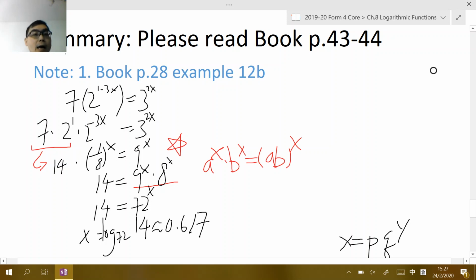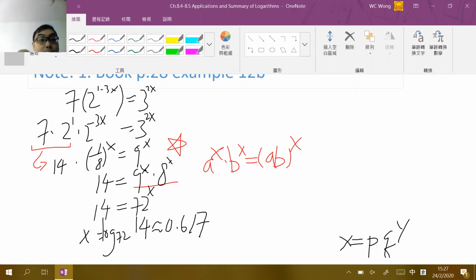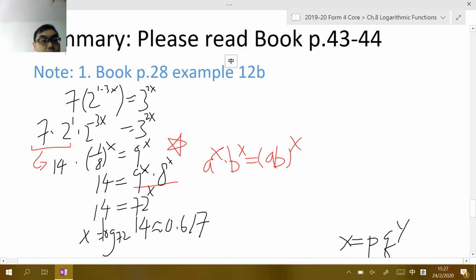Actually now I am using the index laws. For example, the first one, 7 multiplied by 2 to the power 1 minus 3x. You can see in this step, I can use the index laws to separate it as a multiplication of terms.